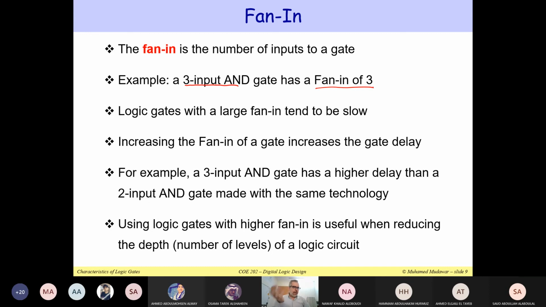Rather than putting 2-input AND gates in series, which would increase the propagation delay, you can decrease it by having one 3-input AND gate. So that's the advantage of having gates with a higher fan-in. That's the meaning of fan-in.